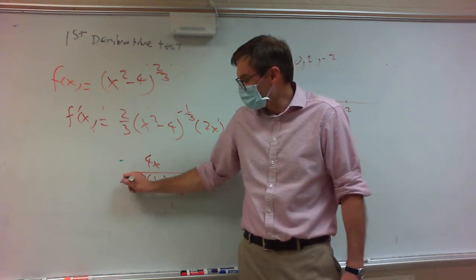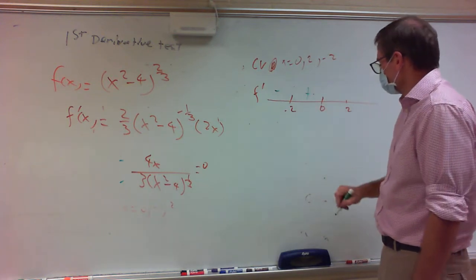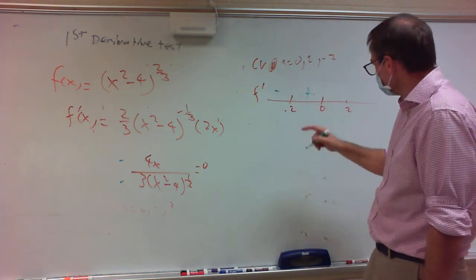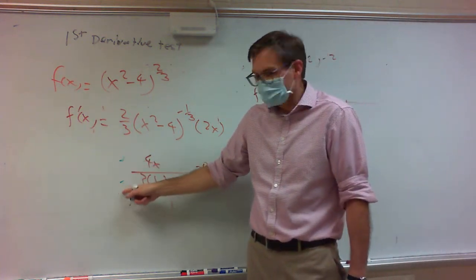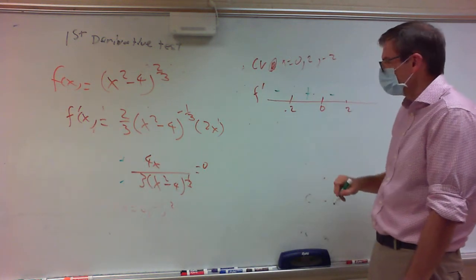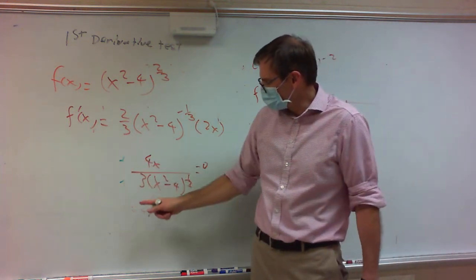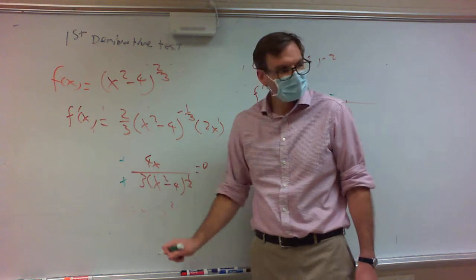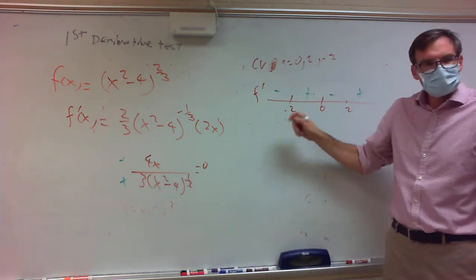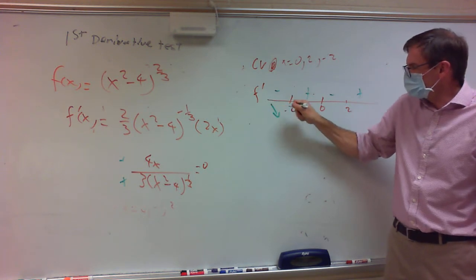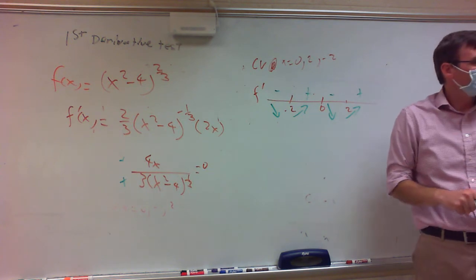So our bottom's negative, and negative over negative is positive. Then at 0, I'll pick 1 over here, so positive over negative, which is negative. If I pick a giant positive number, top's positive and the bottom's positive, so we get positive. What I get out of this is that it's decreasing, then increasing, then decreasing, and increasing.